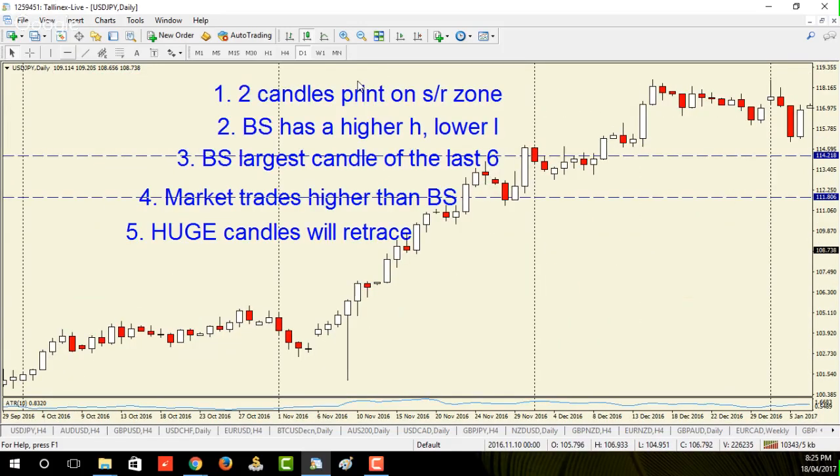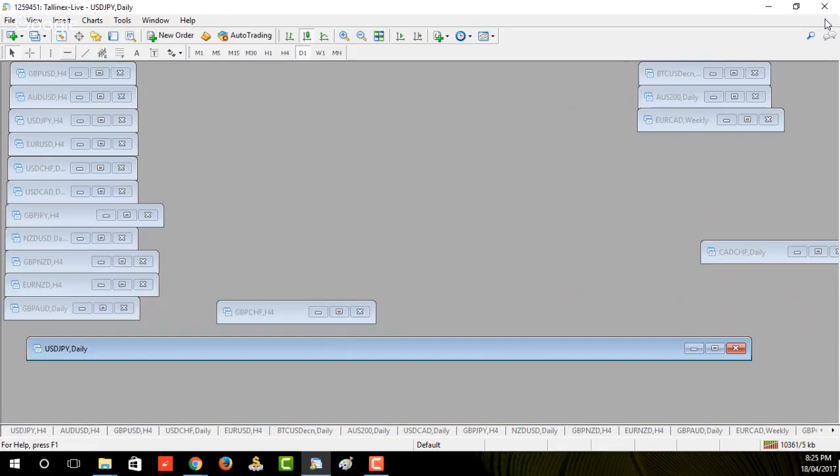With the normal big shadow, the stop loss is on the other end, and the buy stop is above the high. Add the spread for a buy. For the sell, you don't have to add the spread. The big shadow candle has to be the biggest candle of the last 6 candles. It's on a support and resistance zone. All that's great, right? Now let's talk about a special case.